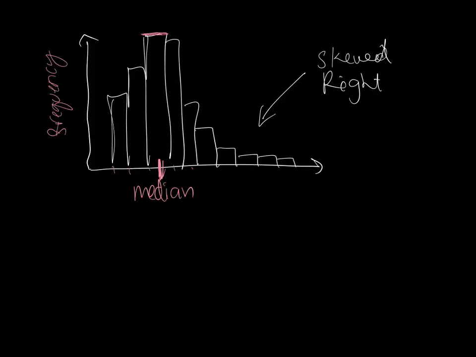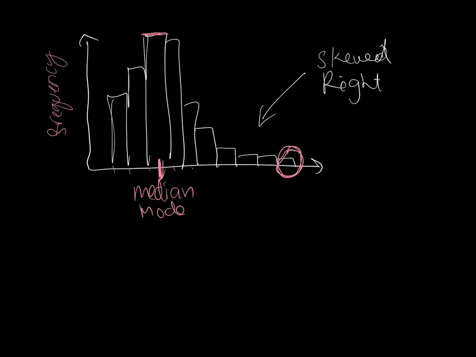But the key now is, the mode looks like it would be there too, wherever the most is. But this big number down here that I only have maybe once or twice actually moves my mean in that direction.